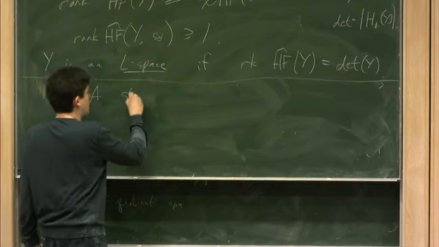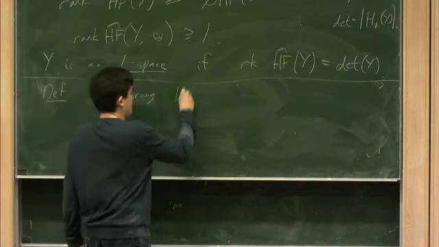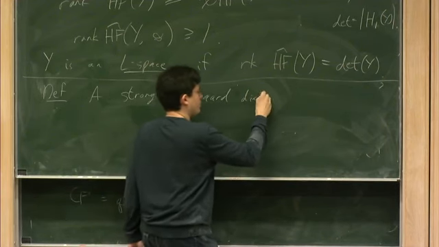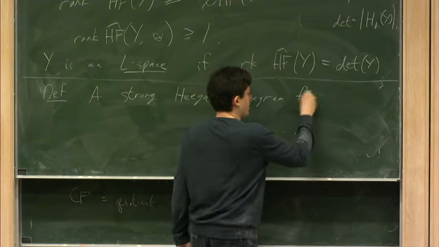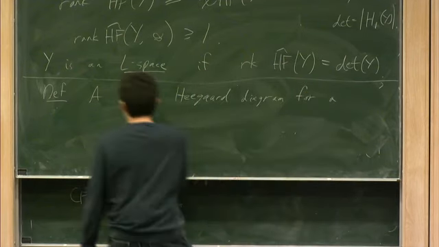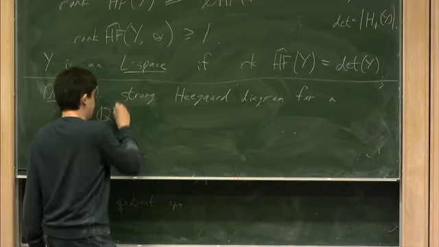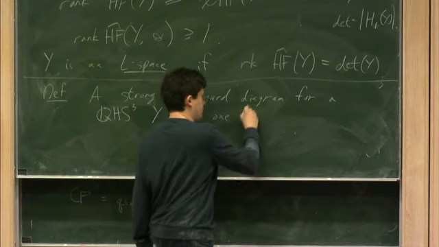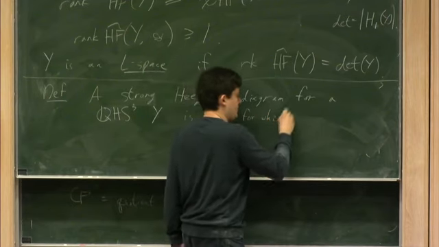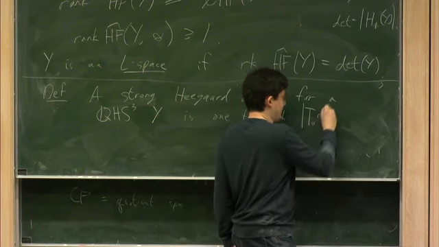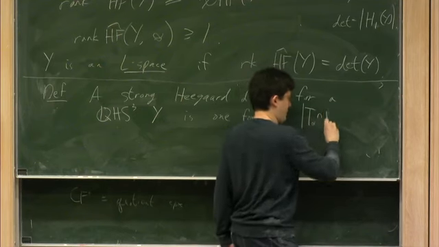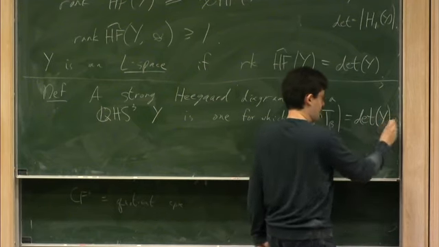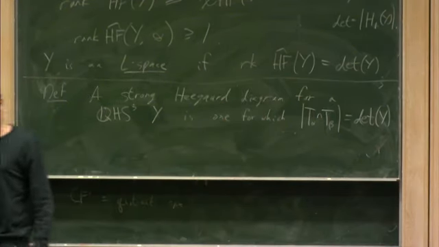Okay, so let's define a strong Heegaard diagram for a rational homology sphere Y to be one for which the number of intersection points is exactly equal to the determinant.